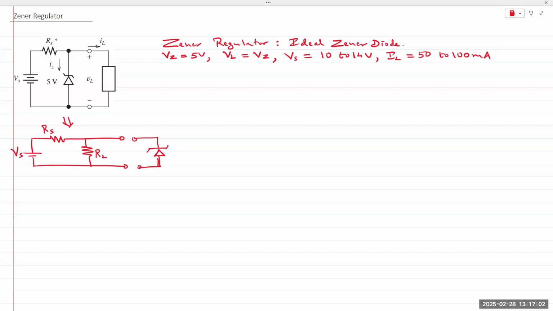This is a Thevenin circuit as seen from the perspective of the Zener diode. So the Zener diode is removed, and then you see there's the load RL and the series resistor RS.